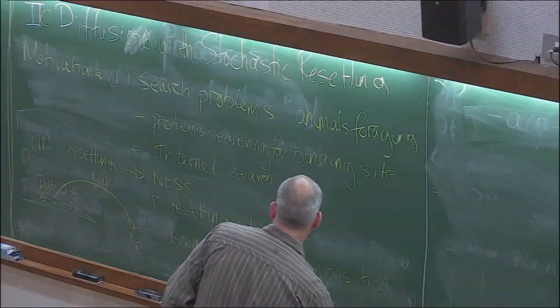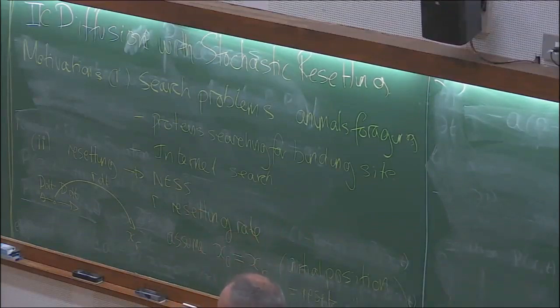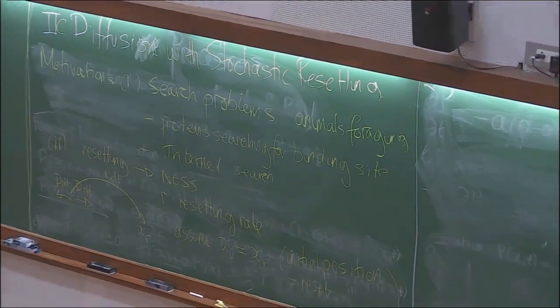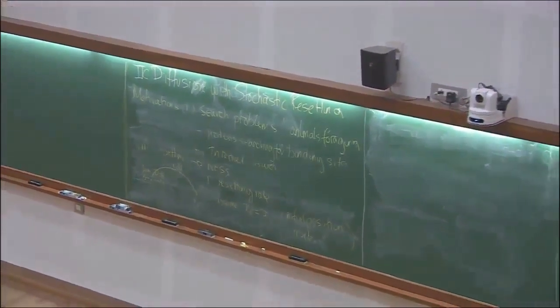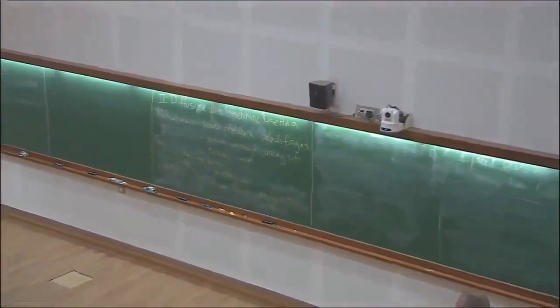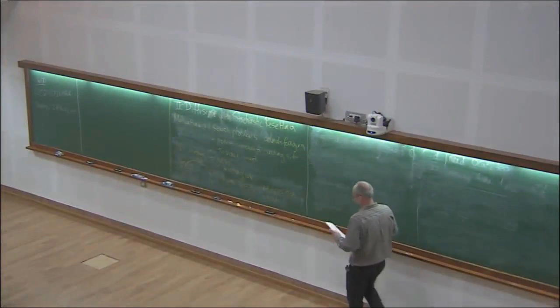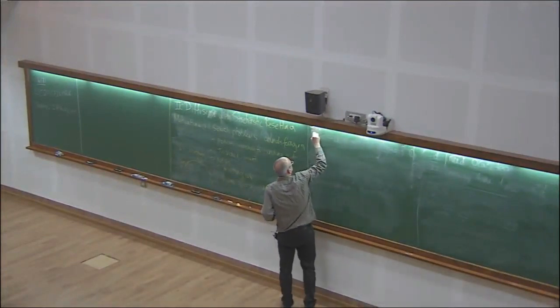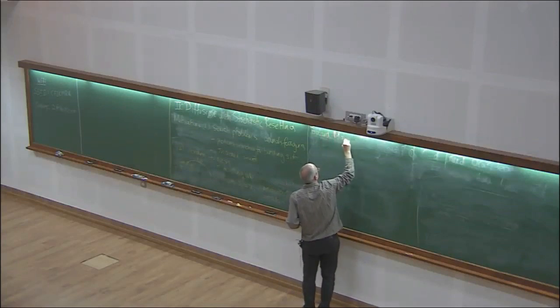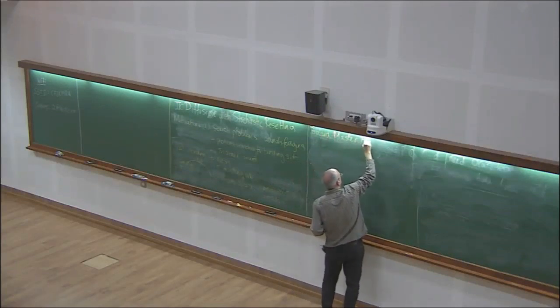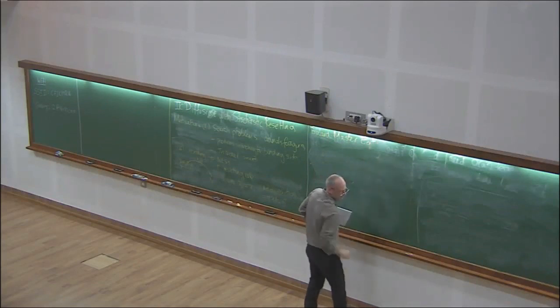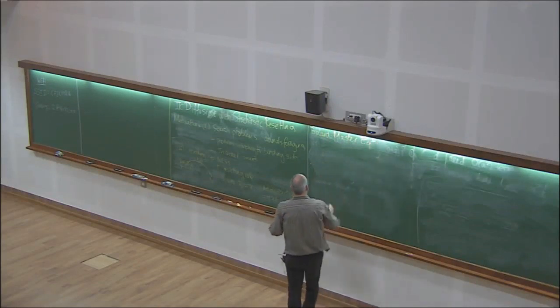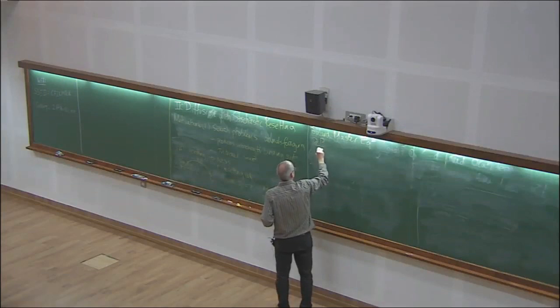Okay, so let's just write down the forward master equation. Remember this, we can usually write down the forward master equation without having to think too hard. It's the backward one we have to be a little bit careful with. So, the forward master equation: dP/dt of x.